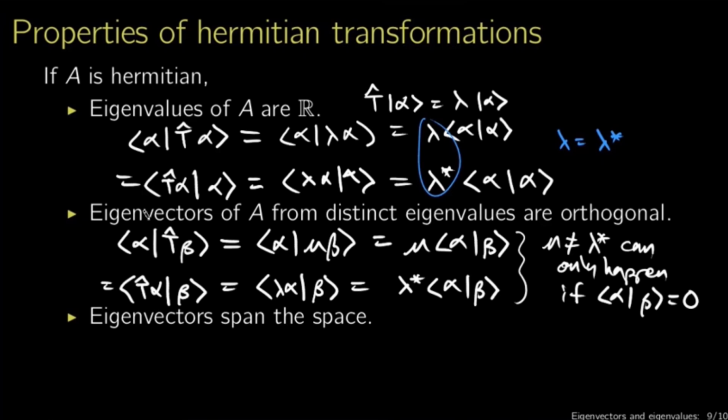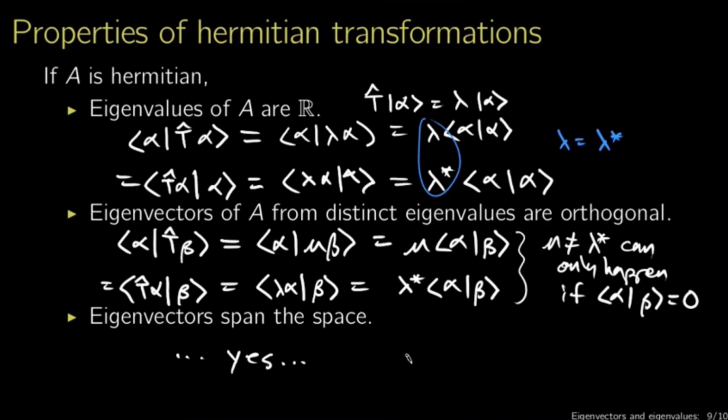The final property is that the eigenvectors span the space. And this is sort of true, but there are some caveats. Fortunately, the caveats are not really all that important for quantum mechanics. If you have a transformation with n eigenvalues, and they are n distinct eigenvalues, you're guaranteed that the n distinct eigenvectors will span the space.